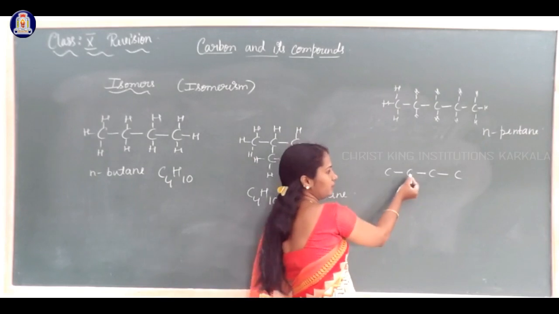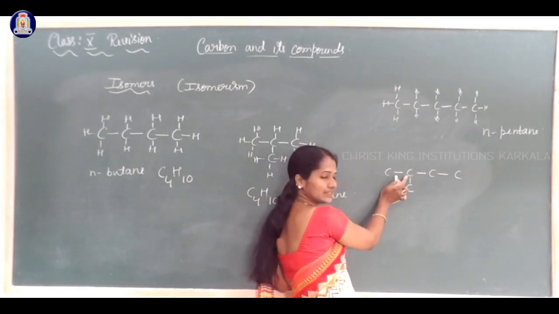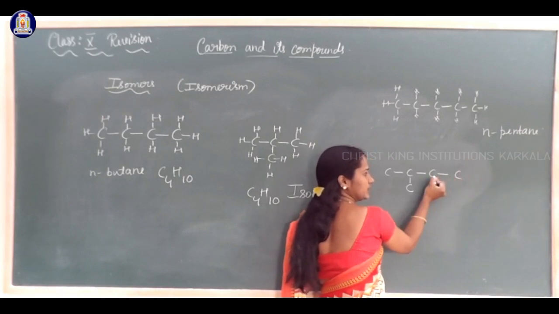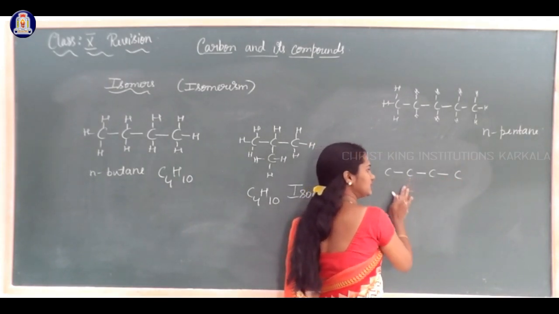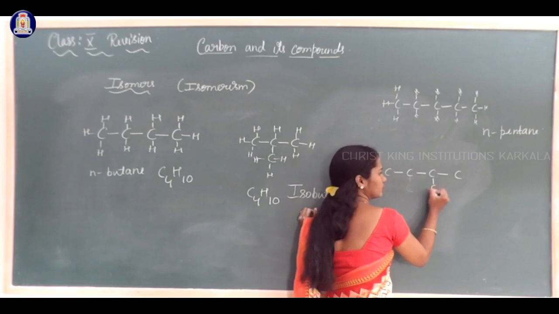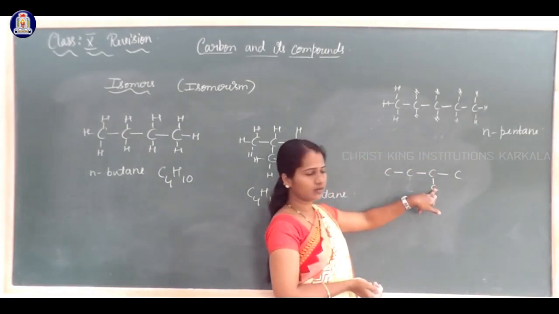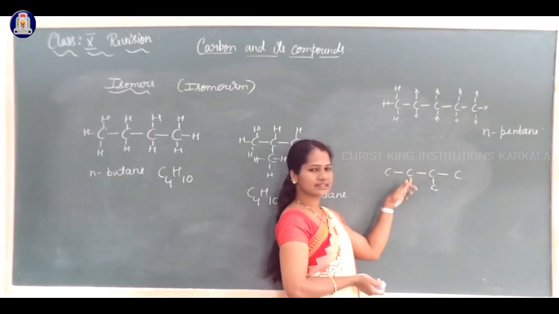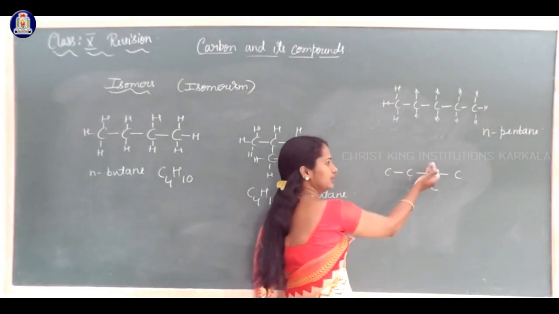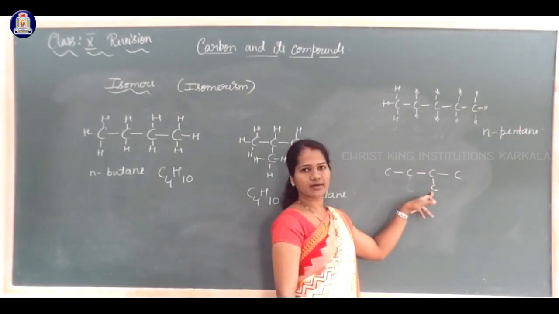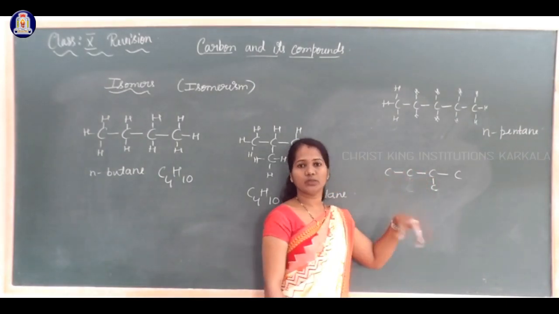If you count from this side, this will be the second carbon. For either of these carbon atoms, you can write the branch as one more carbon atom.